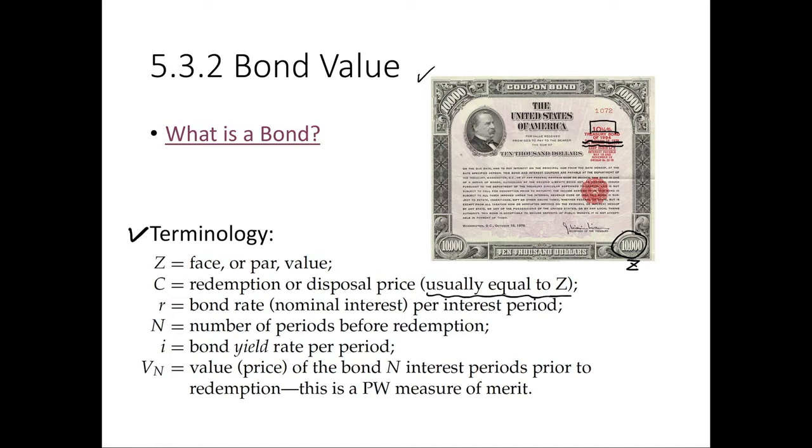And another term is R. R is bond rate per interest period. Okay, but usually it is given as a nominal annual interest rate. Remember we have learned that nominal annual interest rate in the last class. You will use that here. So bond rate, it is the interest rate you use per interest period to calculate how much interest you get from that bank or that country issuer.